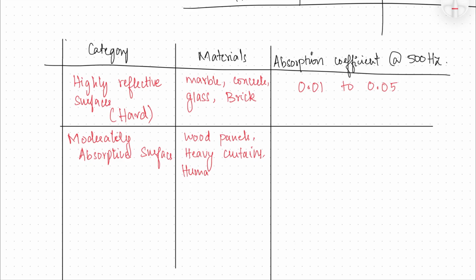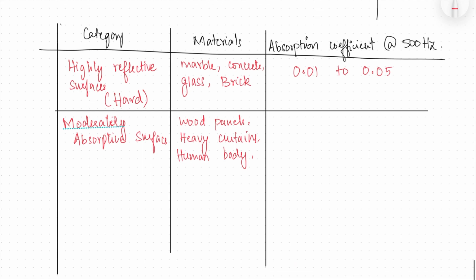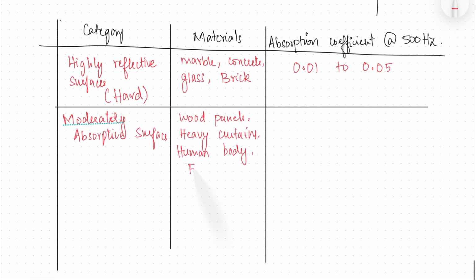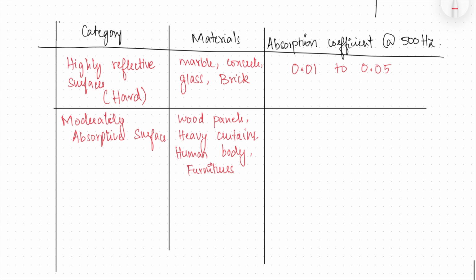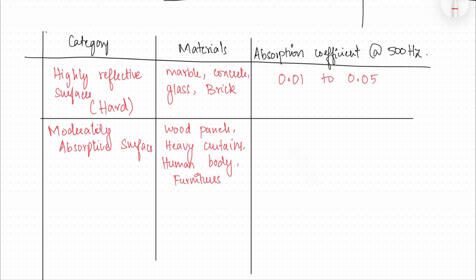The human body also absorbs sound. So human bodies and furniture in your room are all moderately absorptive, so they absorb around 0.2 to 0.4.